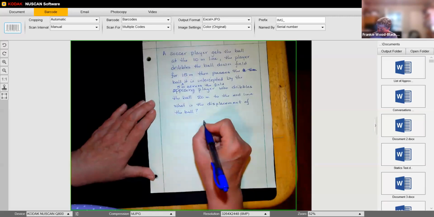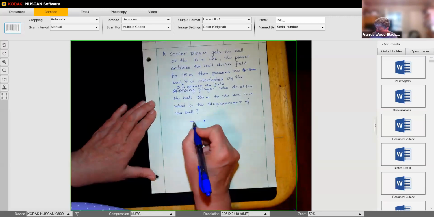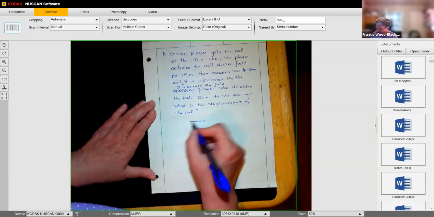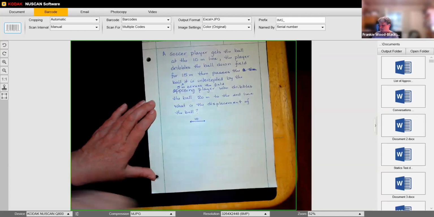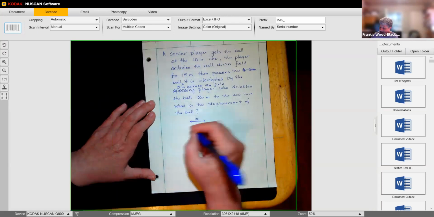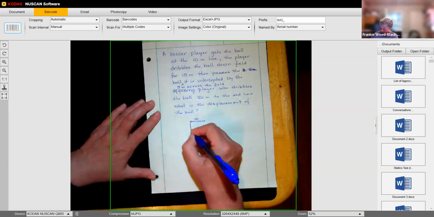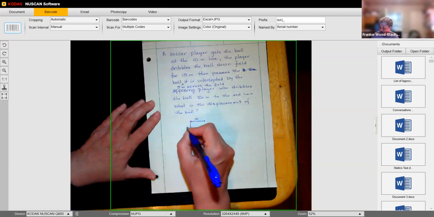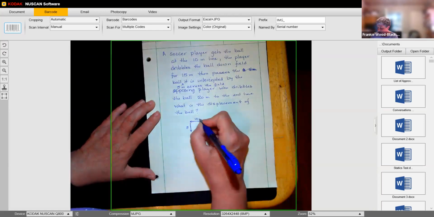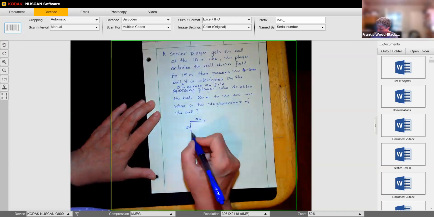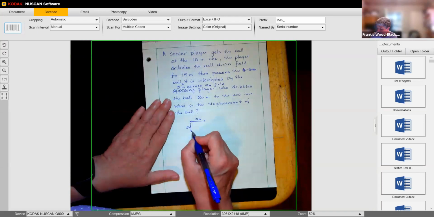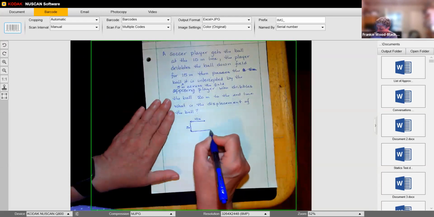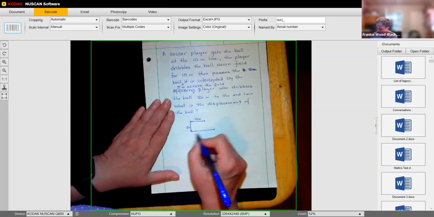So our first soccer player went down the field 10 meters. And then he passes the ball to the second soccer player, and this is 5 meters. So this is in meters, this is in meters. And this person ends up taking it back this direction, 15 meters.